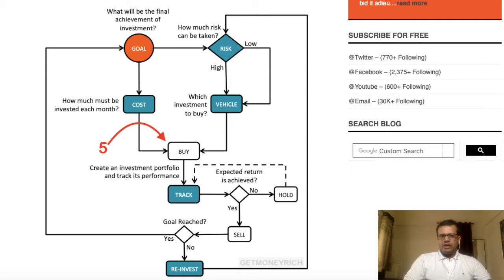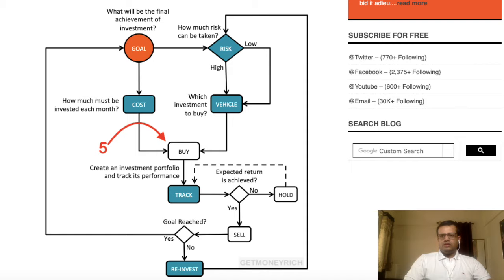And then when we are done with all these four steps, the next step is buying an investment. So you can see here very clearly the 5 ingredients of investment cycle. Goal setting, risk return analysis, investment vehicle selection, cost analysis, and after we do all of these 4, the 5th step is buying an investment. So before you buy an investment, these are the things that you have to do.